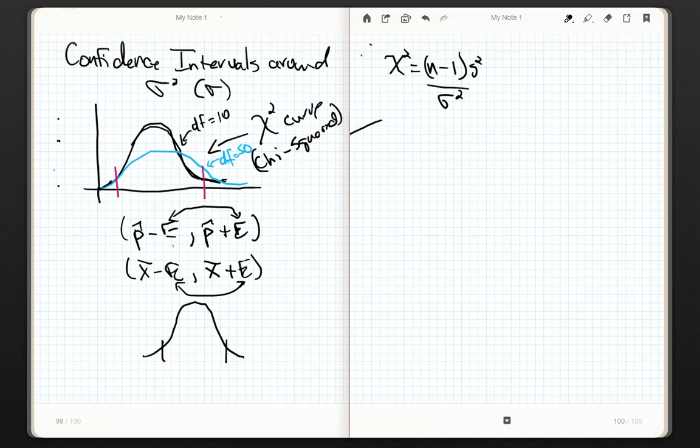That is the formula that produces this curve, okay? So if I'm trying to find a confidence interval around sigma, watch what happens. A super simple cross multiplication, I get sigma squared equals n minus 1 times s squared divided by chi-squared.